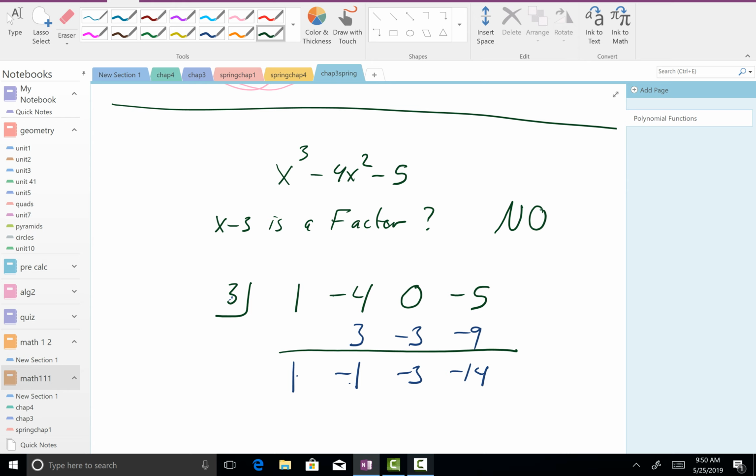So for example, this thing is called the factor theorem, all right?